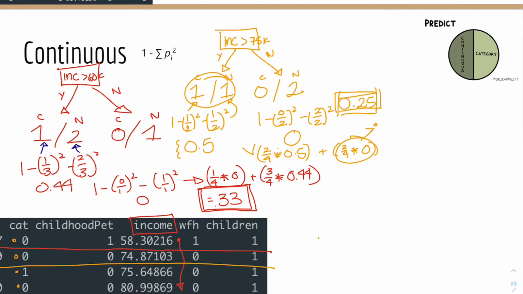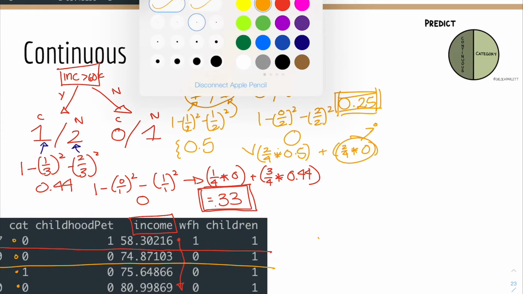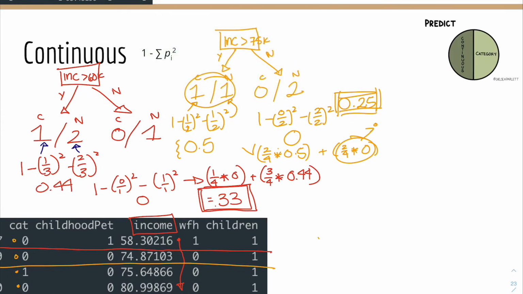Now, this is not the only place that we could draw our line. The last place that we could draw our decision boundary is right here where this green line is. This is essentially the same as creating a root node. Let me do something darker so you can see. This is saying the same as creating a root node and saying is income greater than or equal to $76,000.